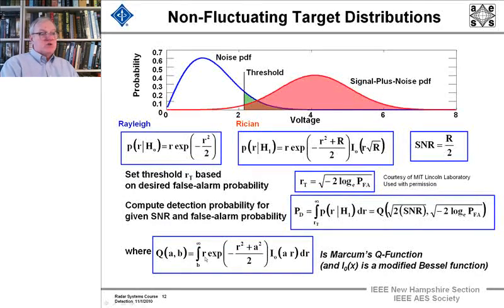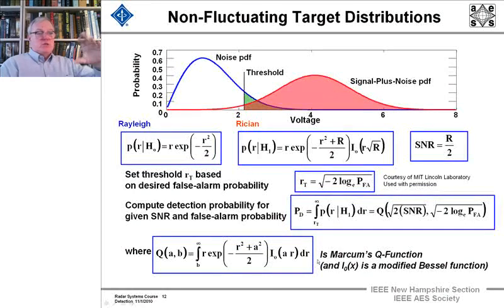This Q function is calculated numerically, where A and B are the square root of twice the signal-to-noise ratio and the square root of minus 2 logarithm to the base e of PFA. You plug them in and you'll get the relationship, the probability of detection, for a PFA and for a given signal-to-noise ratio.